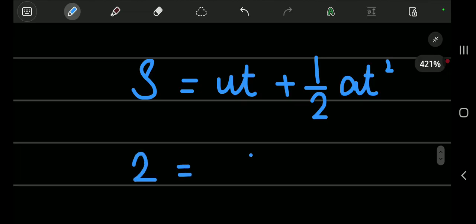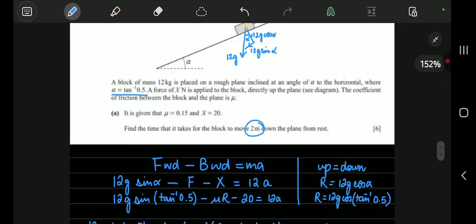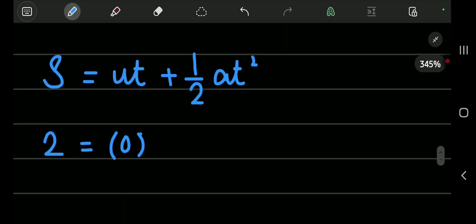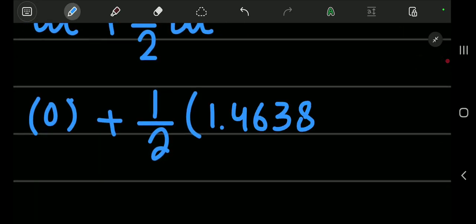So 2 meters equals initial speed 0, because it is given from rest, plus half times acceleration 1.4638 times t squared.